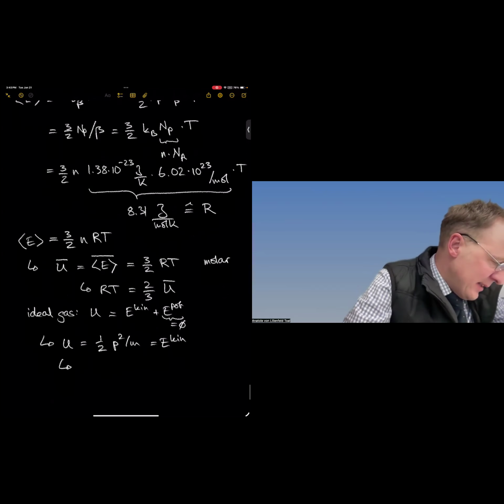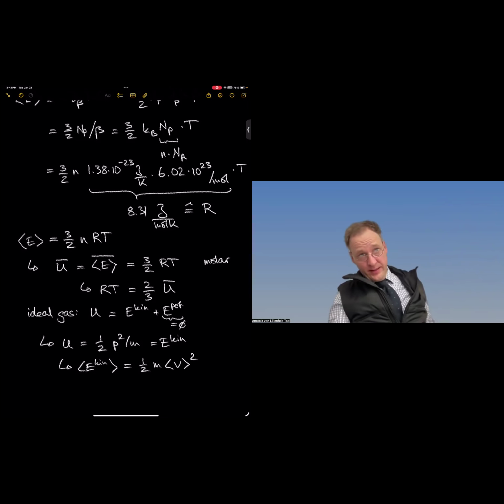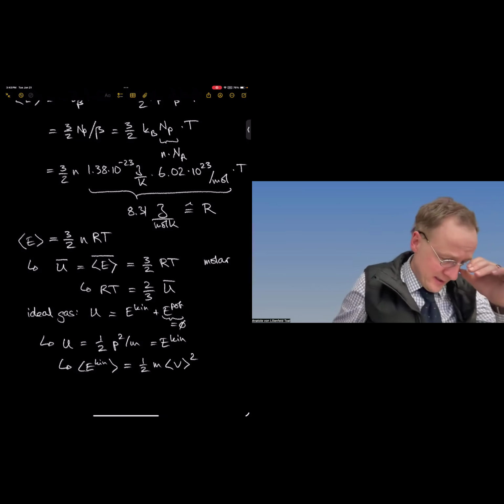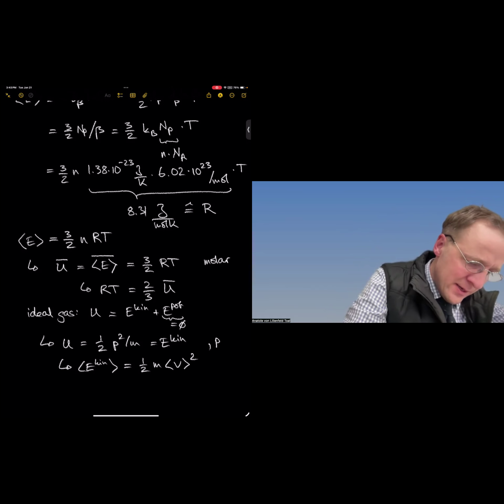And now that means for us that the averaged energy is 1/2 m times the expectation value of the velocity squared, right? Remember, p equals m times v.